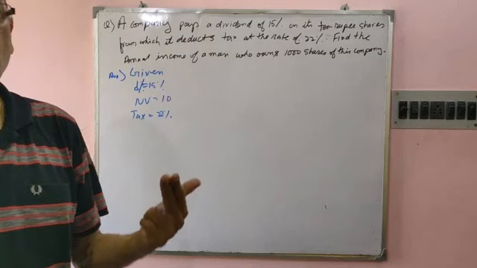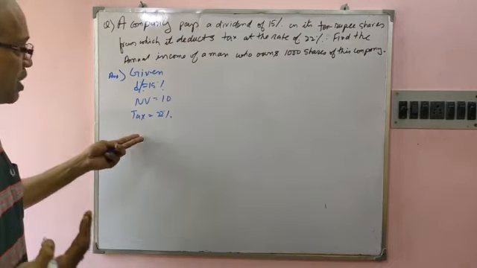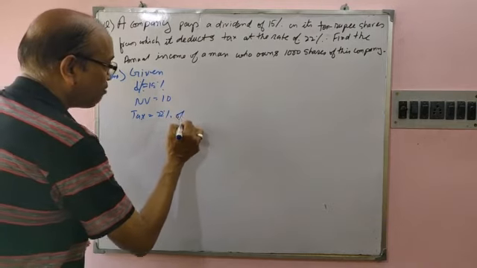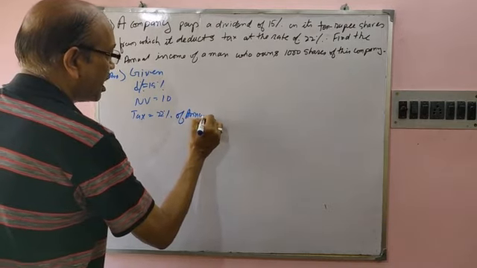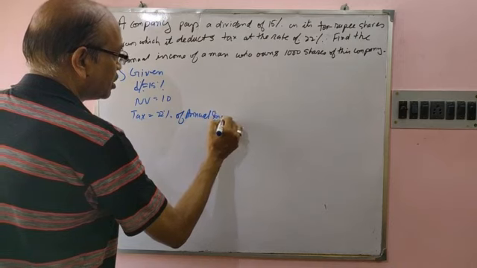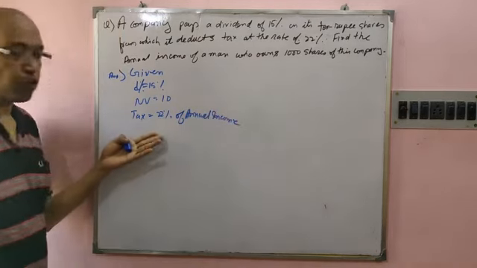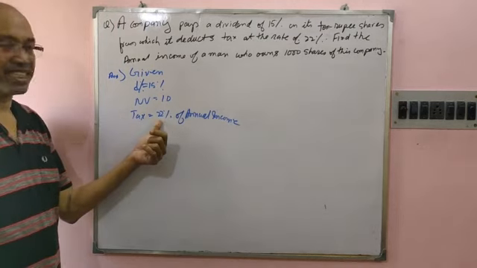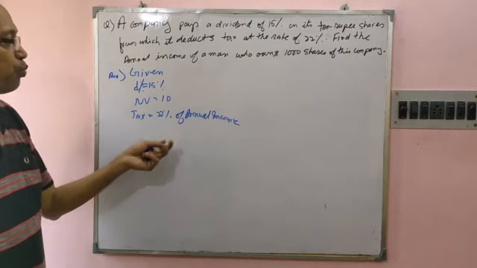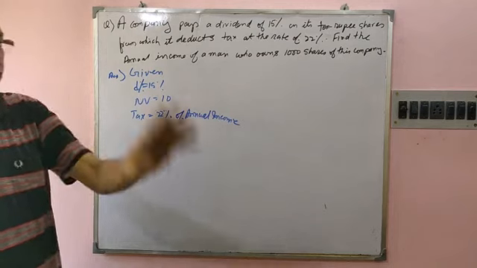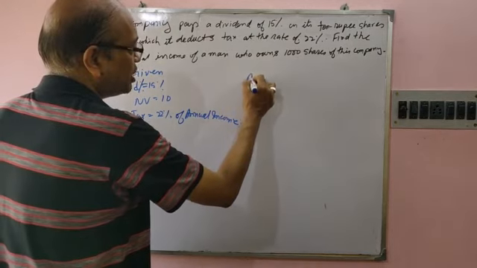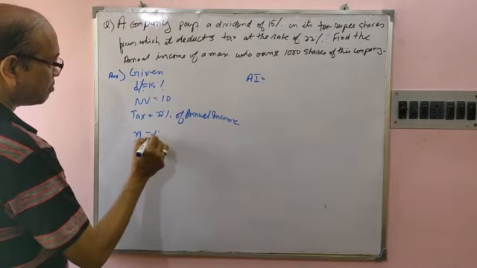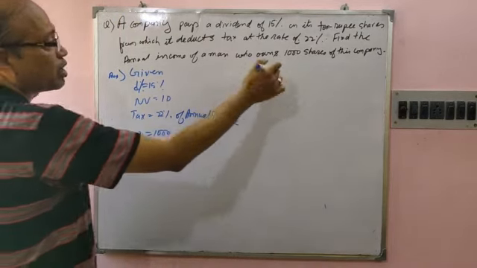22% of what? What is 22% of what deducted as tax? 22% of your annual income is deducted as tax. So we have to first find the annual income. What is your annual income? Number of shares is 1000.